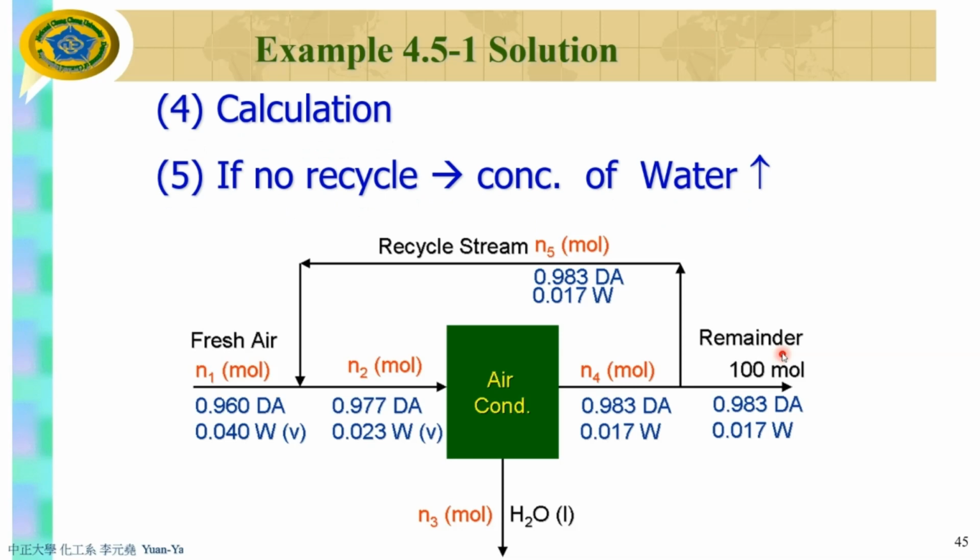The last thing we need to discuss is if there is no recycle stream here, because the air conditioner efficiency is low, the concentration of water in the output stream will be increased, right? We cannot reach this number without the recycle stream.